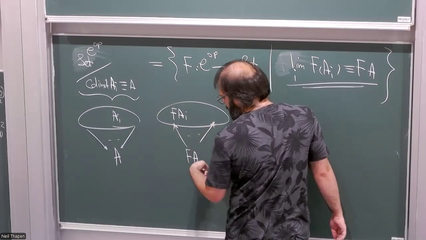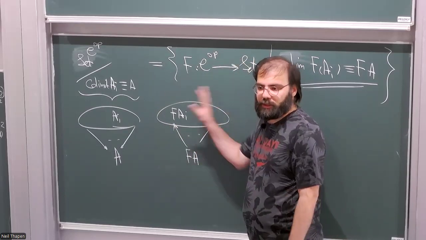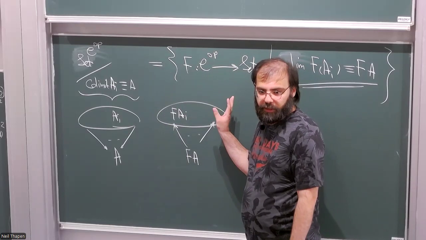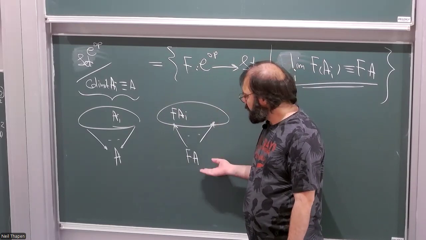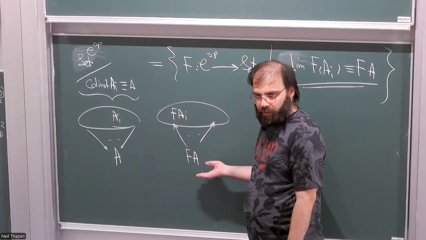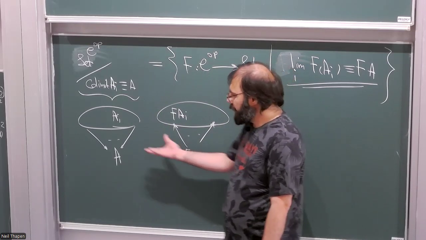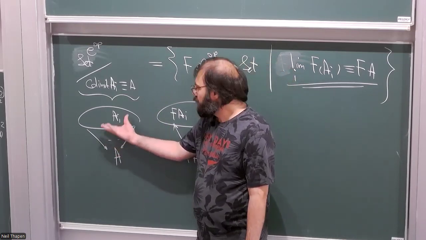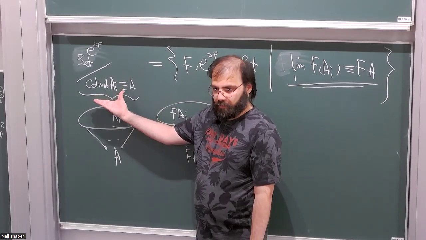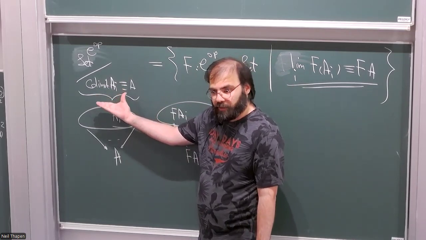And then I expect F of A to be just the limit of these guys. So this is just a sheaf condition, if you pick the right colimits. The sheaf condition.